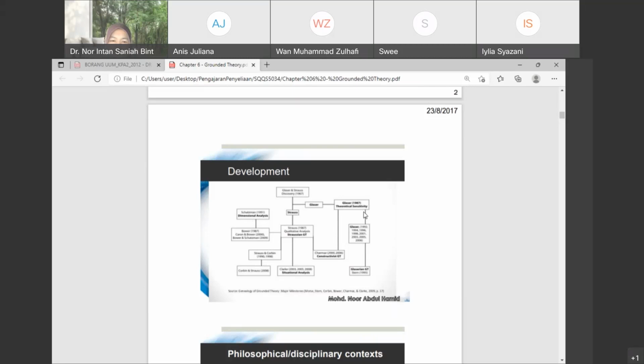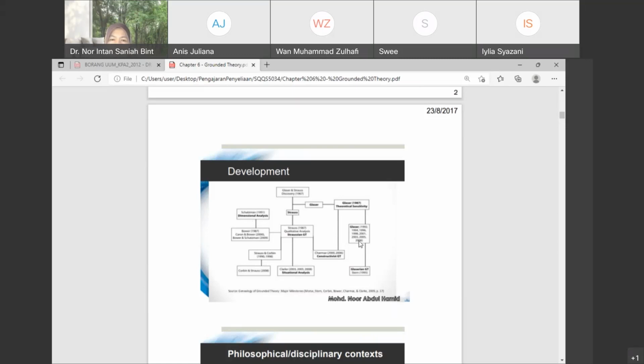You can see here the sources from Morse, Stern, Corbin, Bowers, Charmaz, and Clarke, 2009. All this is from the genealogy of grounded theory.